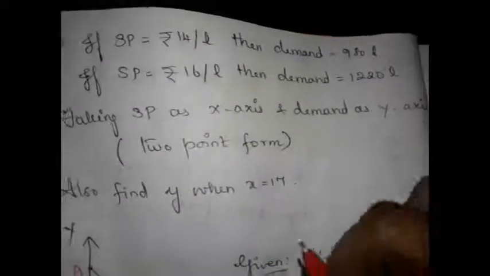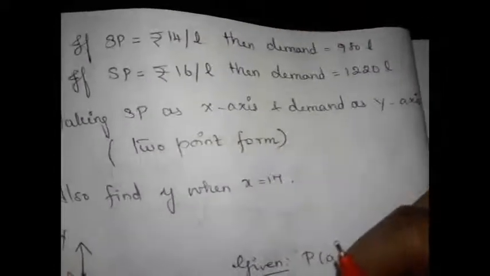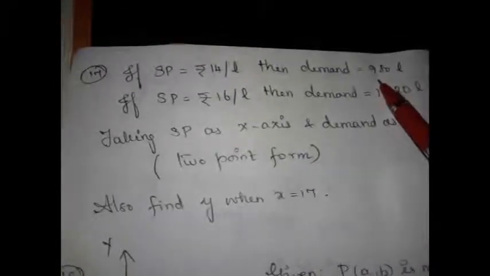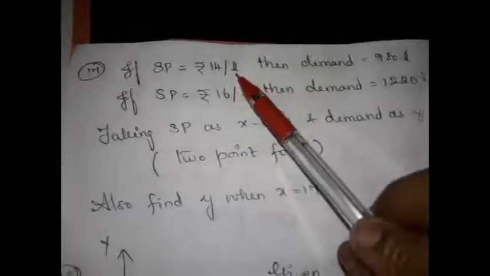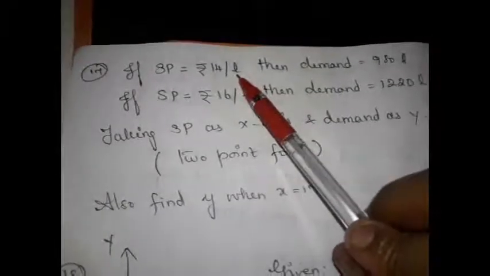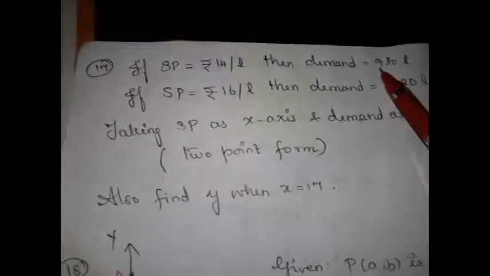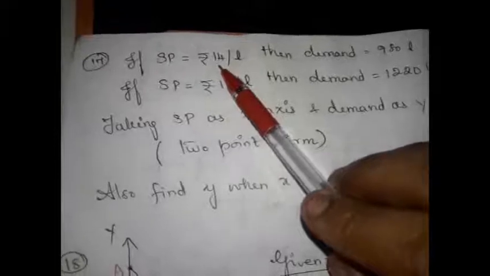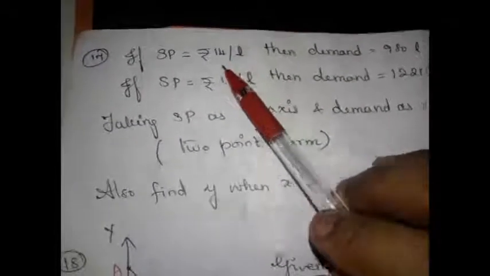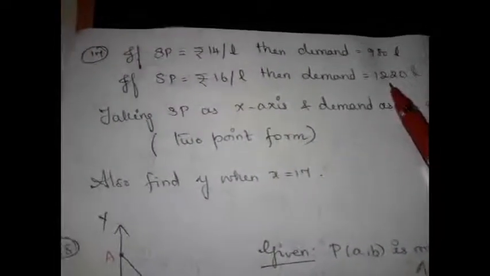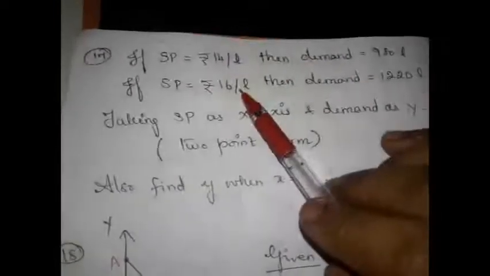So what is given? The owner of a milk store finds that he can sell 980 liters of milk each week at rupees 14 per liter, and 1220 liters of milk each week at rupees 16 per liter.